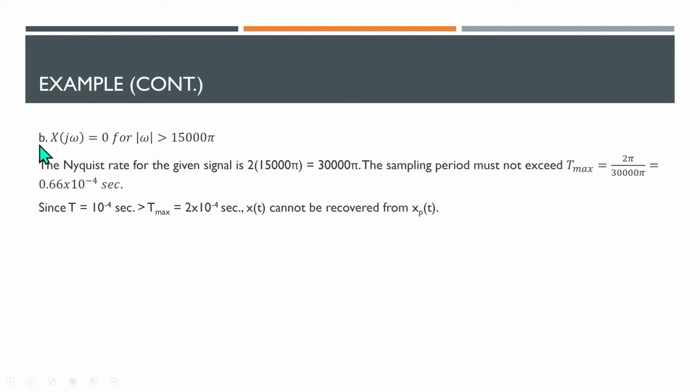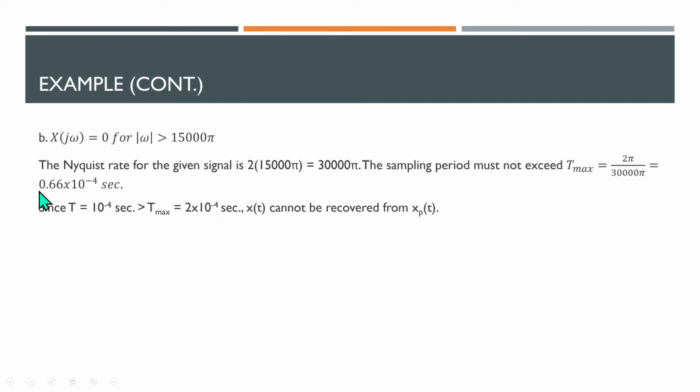For letter B, the value of X(jω) is equal to 0 for the absolute value of ω greater than 15,000π. The Nyquist rate for the given signal is 2 times 15,000π equals 30,000π. The sampling period must not exceed T max. T max is equal to 2π divided by 30,000π, which is your Nyquist rate.